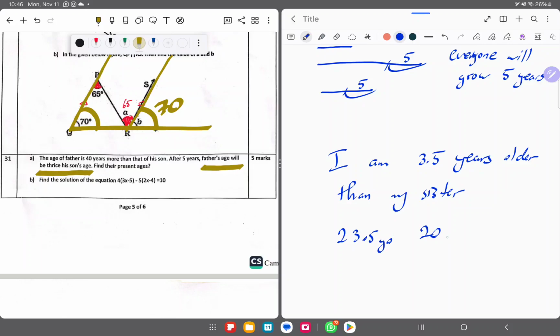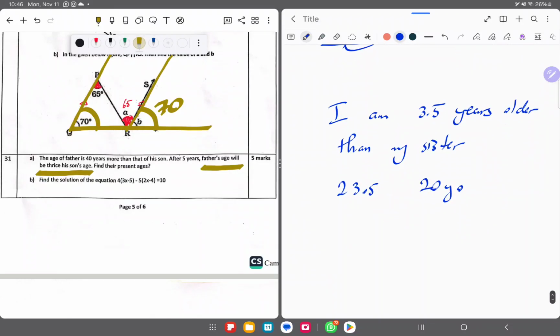If I am 23.5 years old, she is 20 years old. Years old. Okay. So this is 23.5 years old, and this is 20 years old.